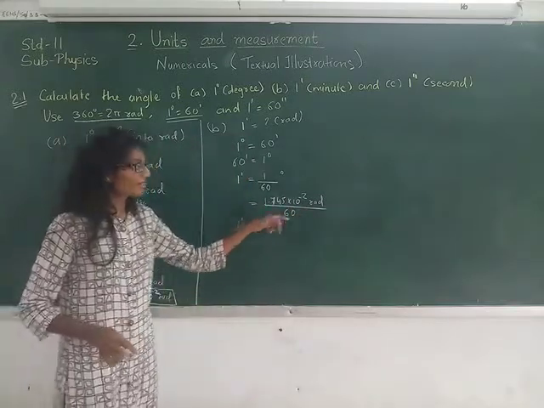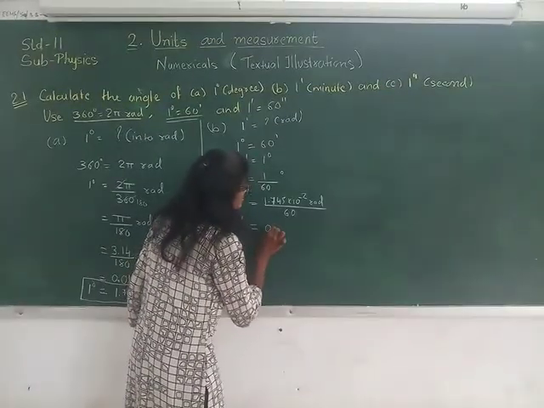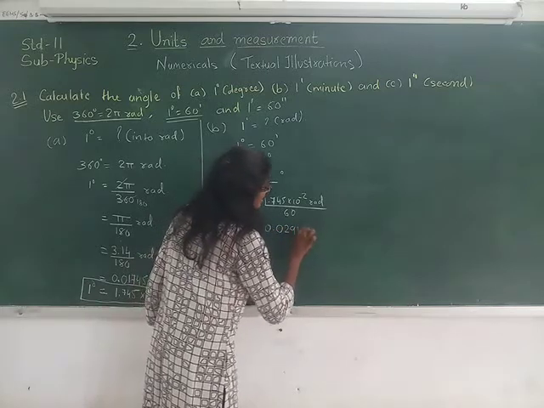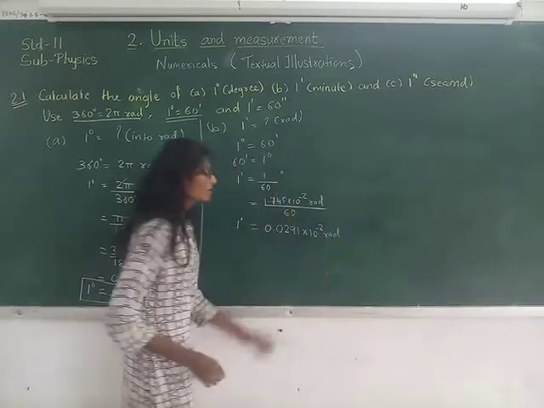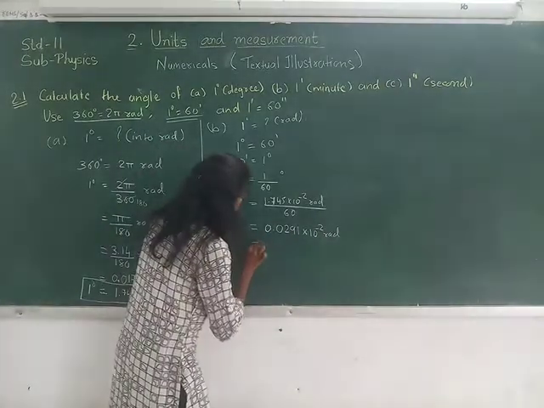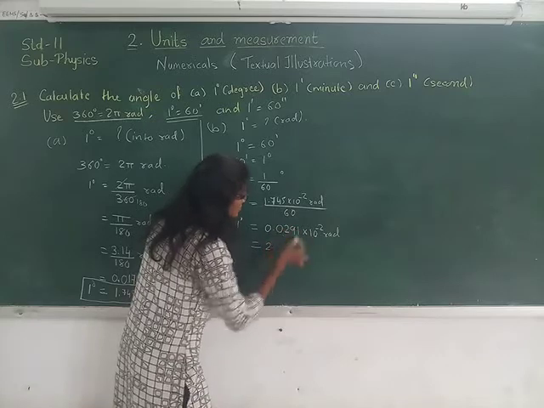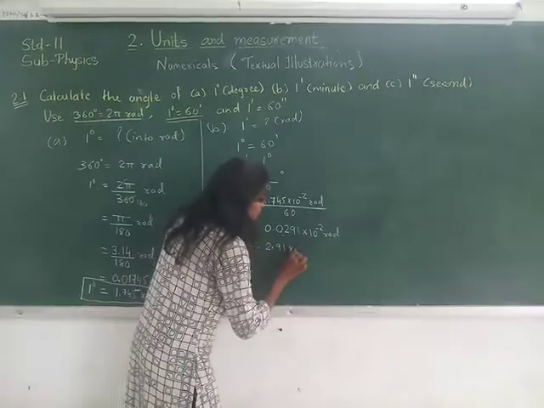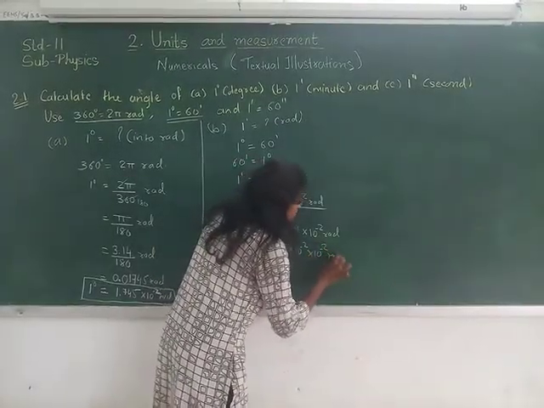So when we divide this, we get the value 0.0291 into 10 raised to minus 2 radian. Again shifting this decimal point towards the right by 2 places over here. So this 1 and 2, shifting it by 2, we get 2.91 into 10 raised to minus 2 into 10 raised to minus 2 radian.